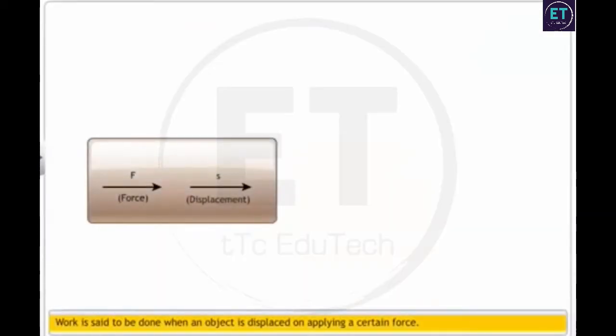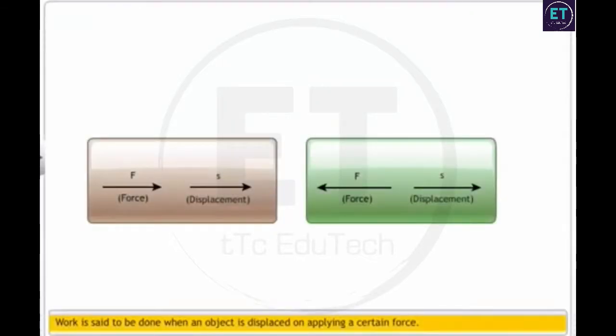The first is where the force is acting in the direction of displacement. The second type, where the force is acting in a direction opposite to that of displacement. That is, one of the identified forces F is acting in a direction opposite to the direction of the displacement S.